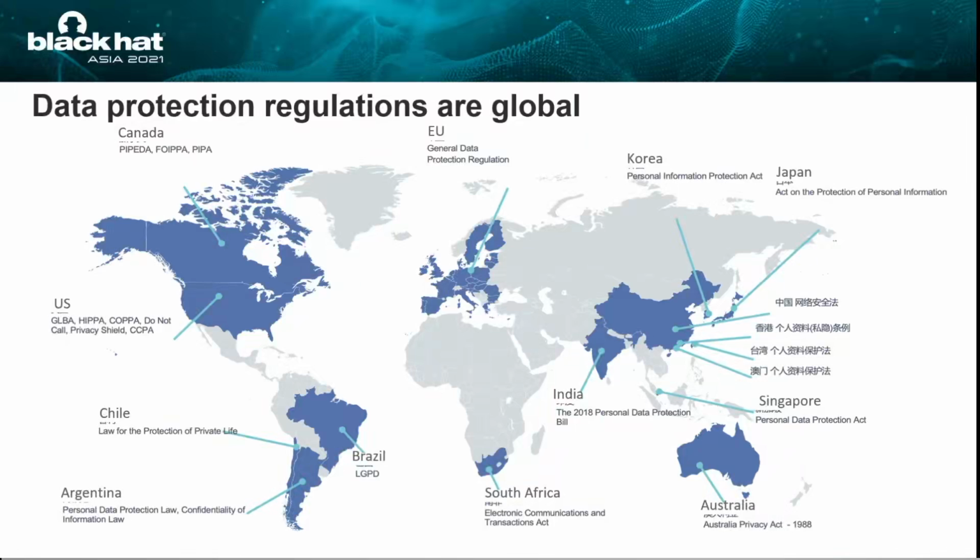And also in Asia, different countries and regions have already enacted data protection regulations. Next, we're going to talk about what kind of requirements are introduced by those regulations, and more importantly, what kind of implications will be caused onto developers and device manufacturers.